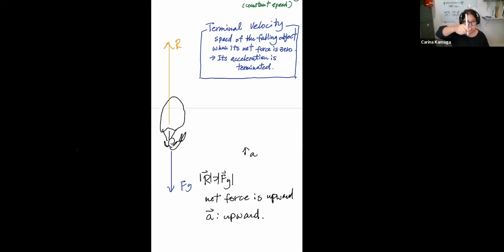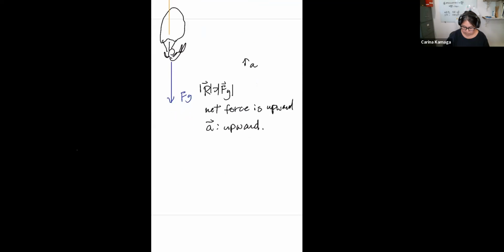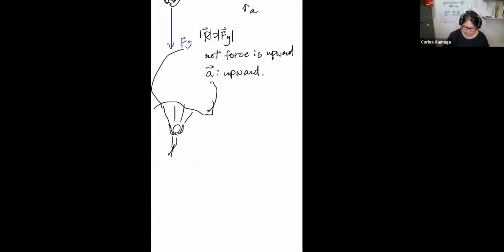Terminal speed initially is downward, but now you have acceleration upward in the opposite direction, so you slow down. And then finally, you might be completely opening up a parachute. Then your gravitational force still stays the same.